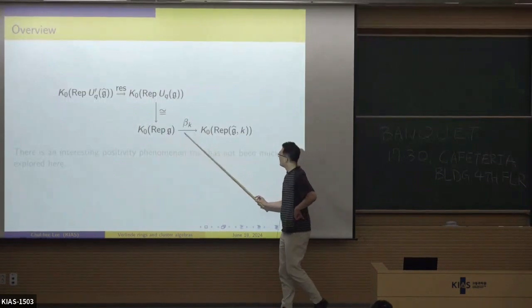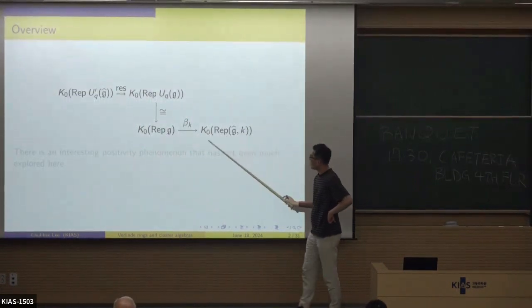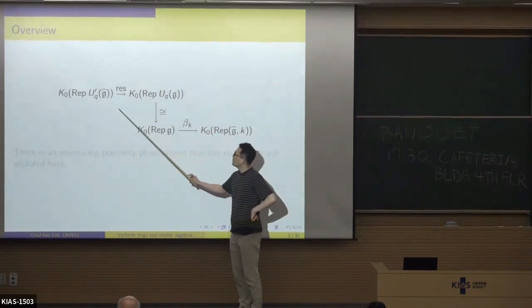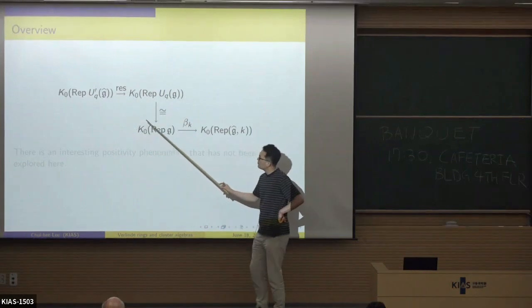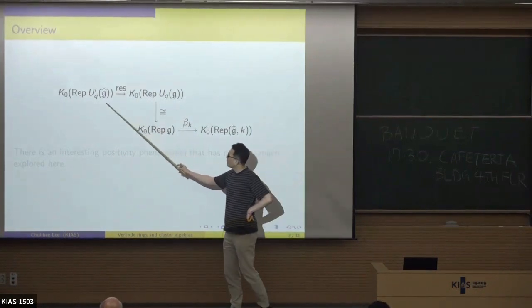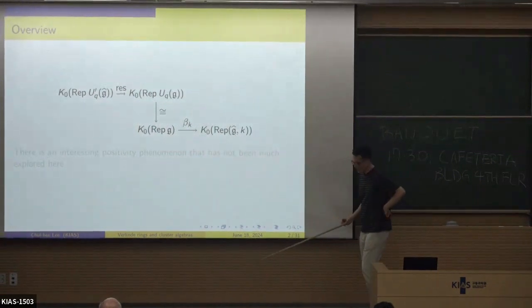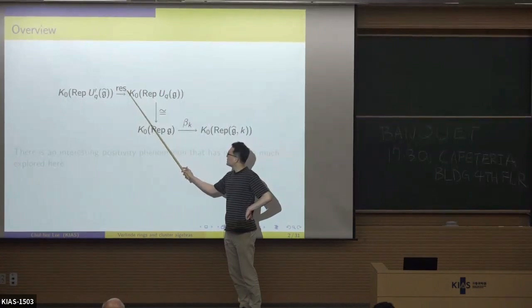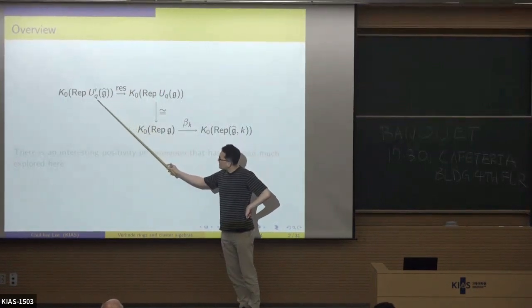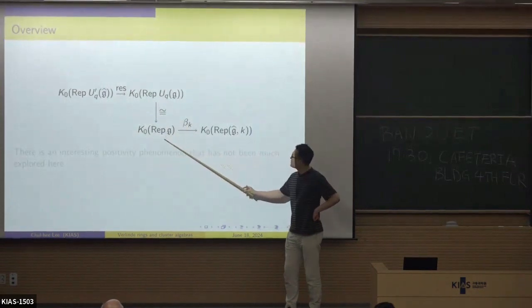So K is a positive integer. So starting from a representation of the quantum affine algebra and a corresponding element in the Grothendieck ring, we can compose these maps. And when we take restriction, this is a finite dimensional representation.